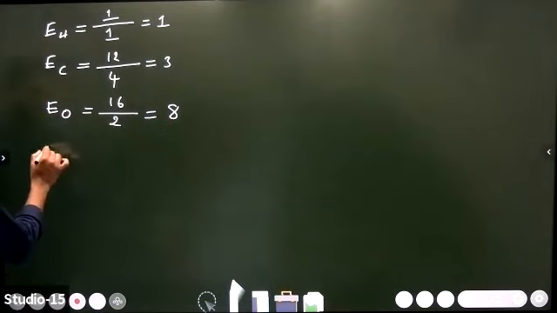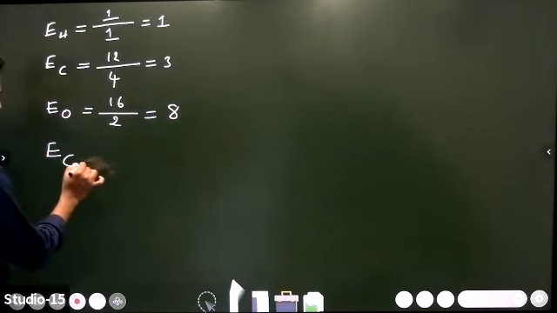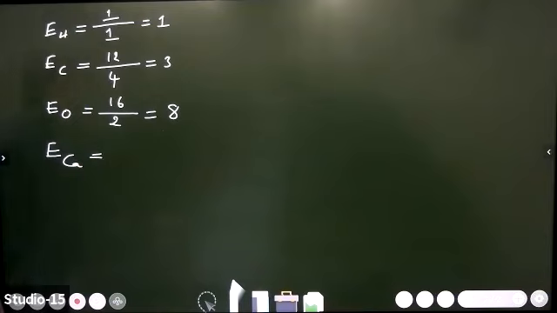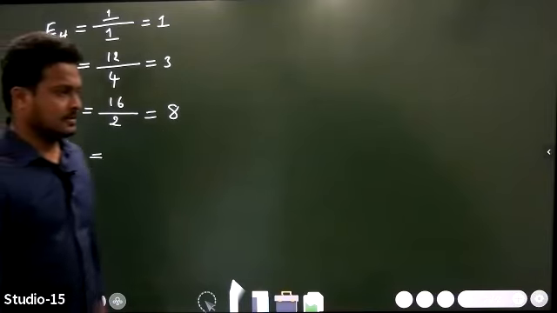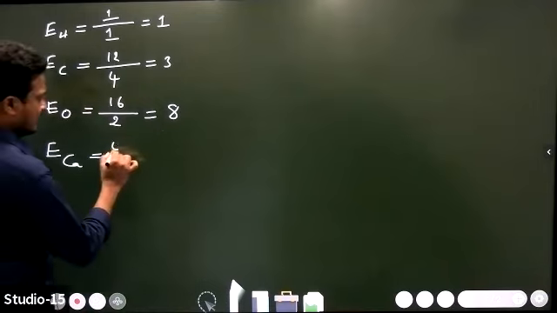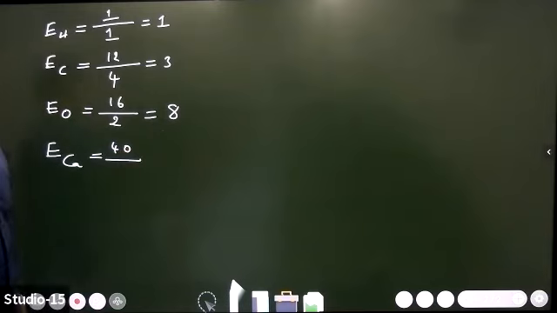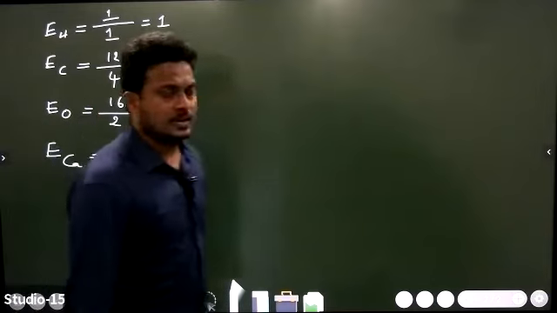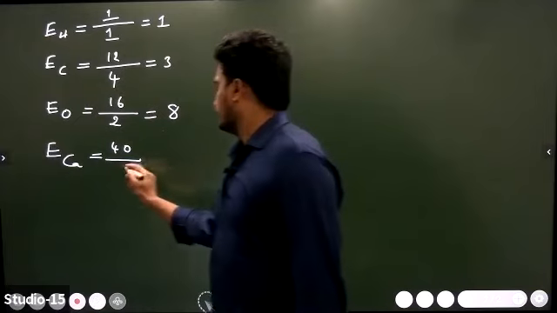Next one, tell me the equivalent weight of calcium, Ca. Calcium atomic weight is 40. Now what is the valency of calcium? Valency of calcium is 2.